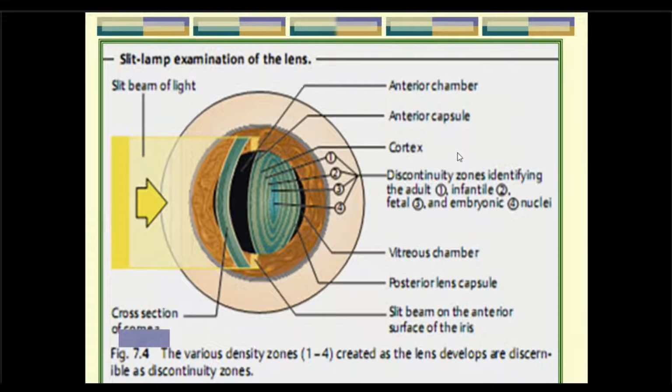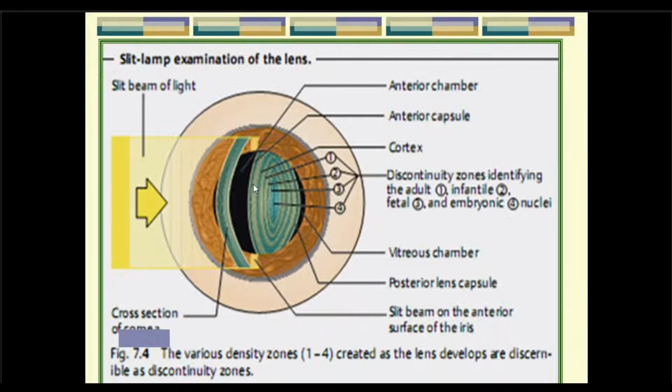On this picture you can see what we can see using the slit lamp. You will look in a slit lamp, in a biomicroscope, during your practical classes. You can see this device.